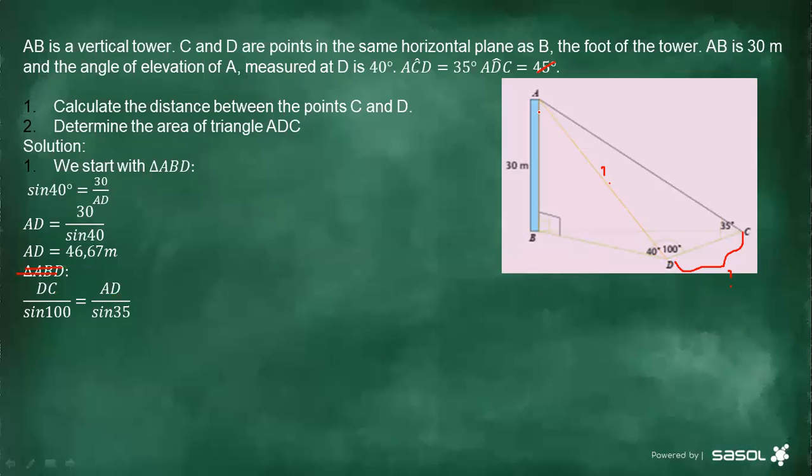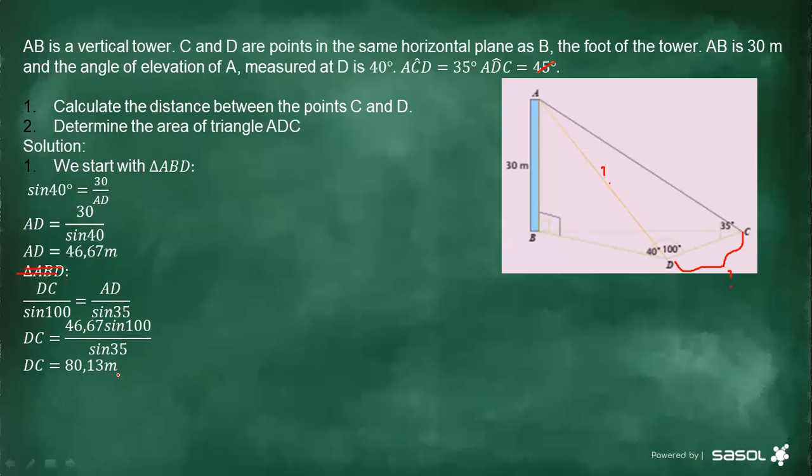AD we just determined, which is 46,67, and this angle here is 100, and this angle there is 35. Then DC equals, let me see if it makes sense. It does not make sense to me. Let's see, and then from there you press your calculator. The answer is 80,13 meters.